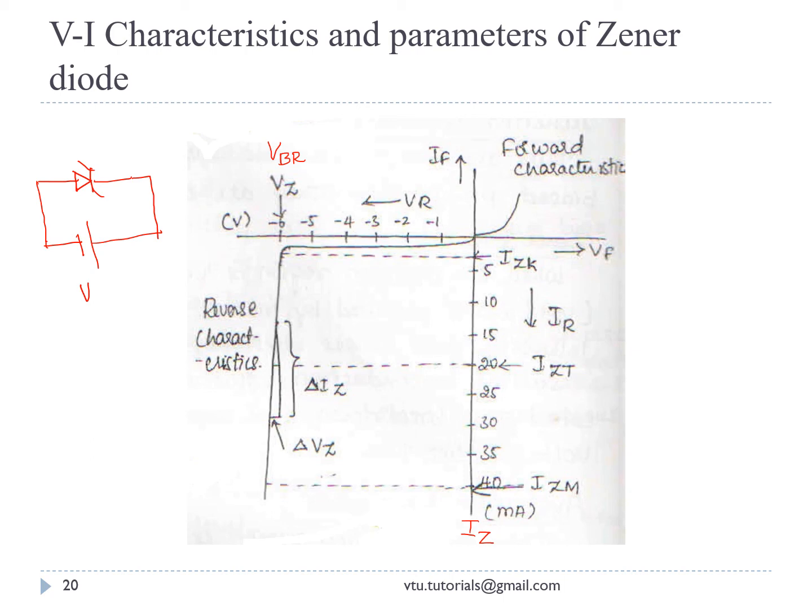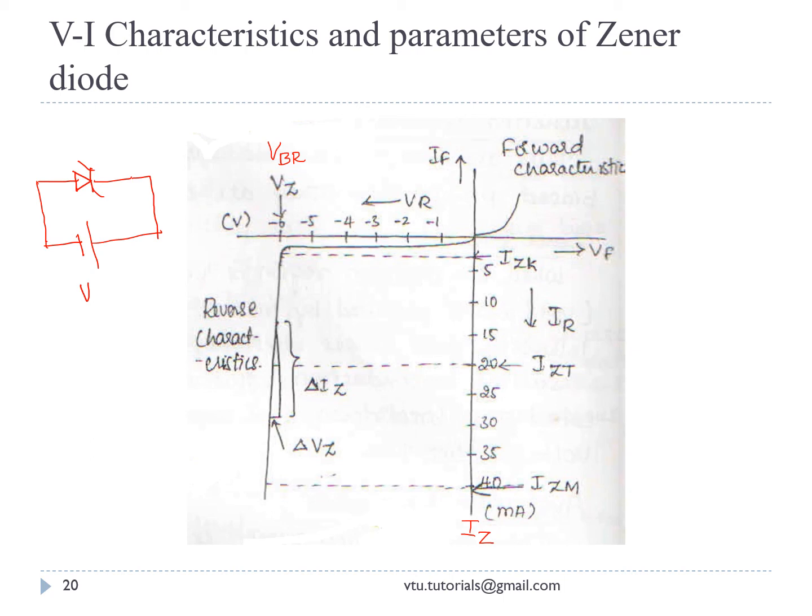Then till where can we maintain the current? We have already seen that by maintaining the current using a resistor, we can maintain this voltage constant. Seeing this curve also, we can say that over some value the voltage is constant. And that is this current, IZM.